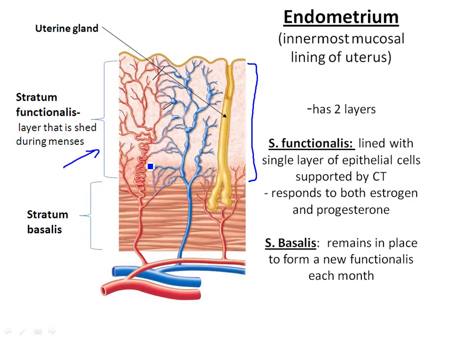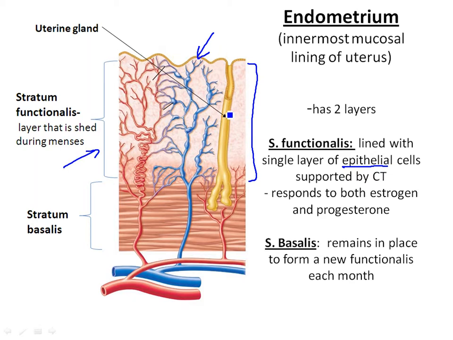These are the spiral arteries, and they're supplying the blood to the endometrial layer. But we also have other things going on as well. We have a thin epithelial layer. Epithelium is the type of tissue that covers and lines different types of body parts. So we have a single thin cell layer here at the very surface of the endometrium.